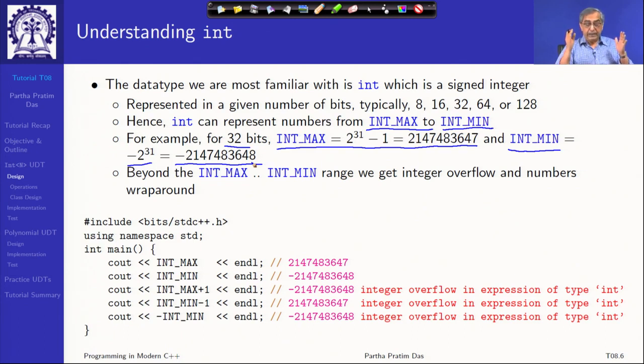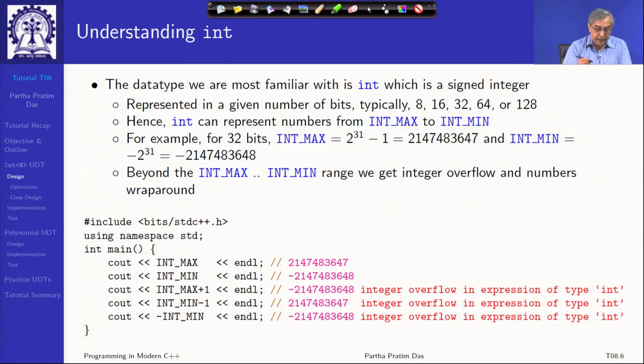Beyond this int max, int min range, we get integer overflow and numbers wrap around. What does that mean? If you write a very simple program to analyze this, you can print int max and int min, which on a 32 bit system gives you the above values. But if you try to print int max plus 1, then it actually wraps around the maximum and comes to the minimum.